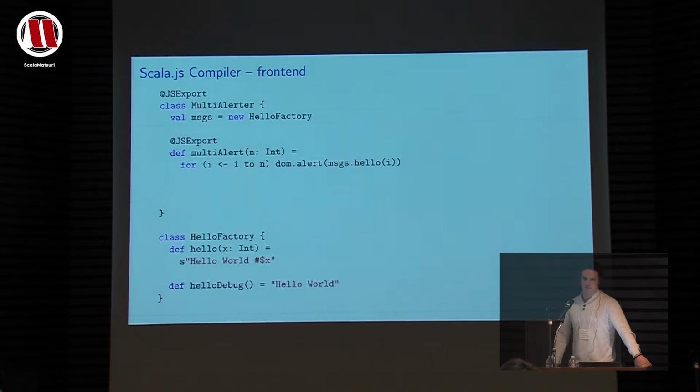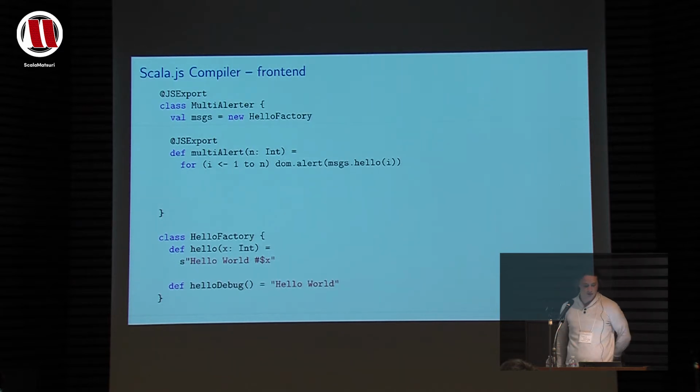So let's make an example. All right, we have this MultiAlert class here. It allows us to alert the user multiple times about something. It is very useful. So we use this HelloFactory here to actually create our messages. And then we have the multiAlert method that loops the number of times we actually requested and calls alert.